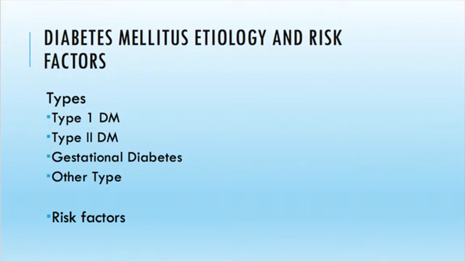There are 4 major types of diabetes. With type 1, as I mentioned, there is no insulin production, and this is because of the destruction of the beta cells in the islet of Langerhans. It only accounts for about 5 to 10% of people that have diabetes. The vast majority of diabetics are type 2. So with type 2, a person does continue to produce some insulin, but the cells are not responding to the insulin.